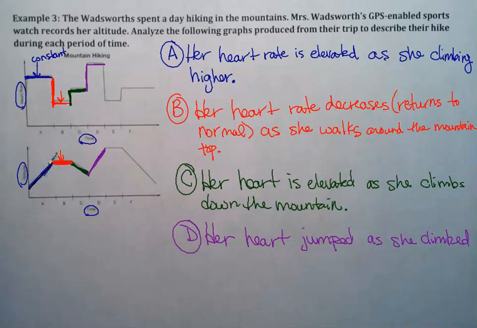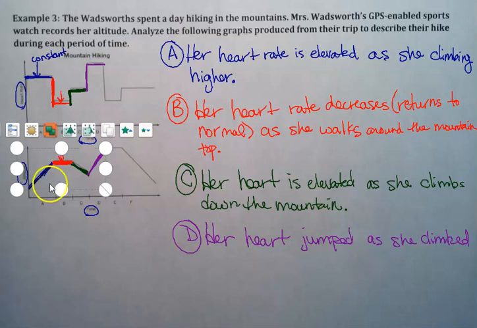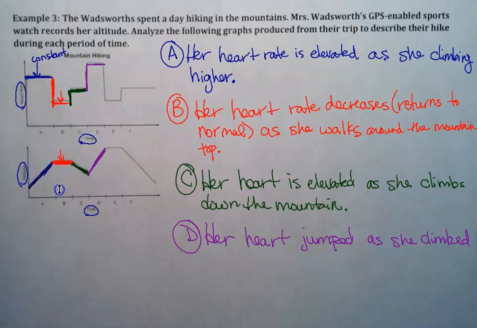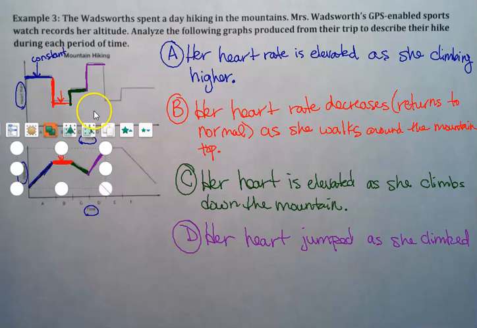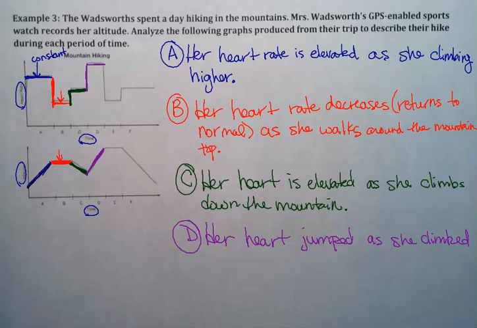Oh, it's just going to move the whole thing. That's not what I want. Never mind, cancel that. Okay, there we go. So this one is a steeper incline, which means the mountain is steeper. So her heart rate jumped as she climbed a steeper mountain.